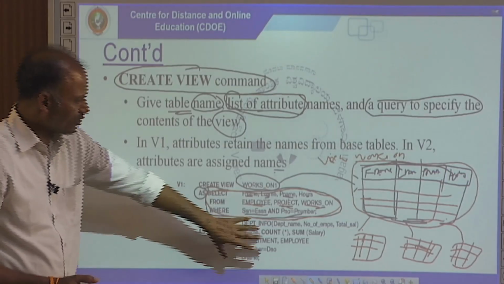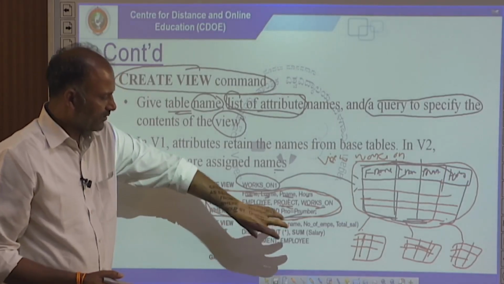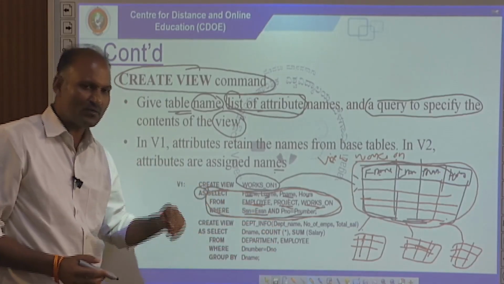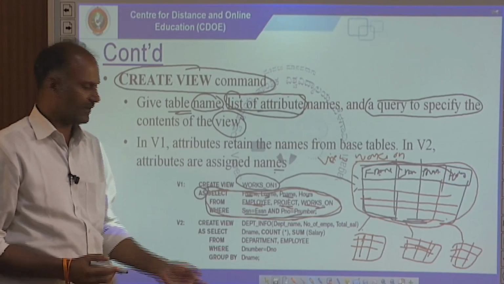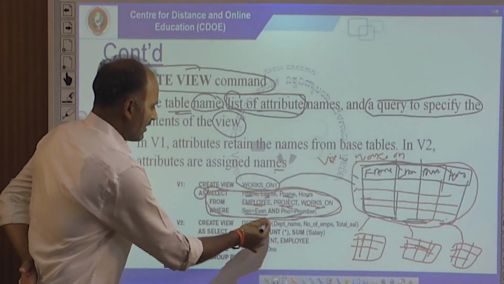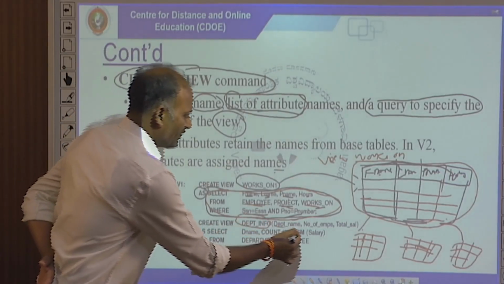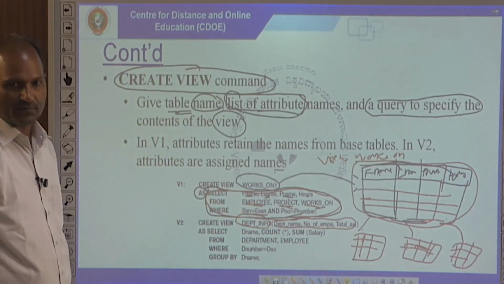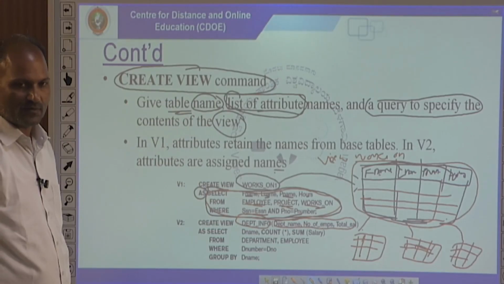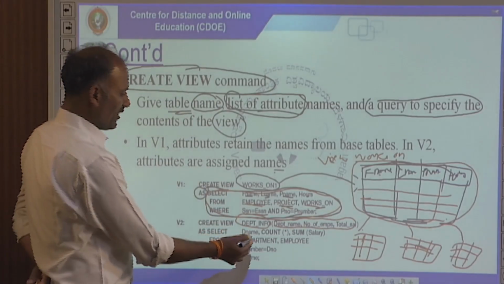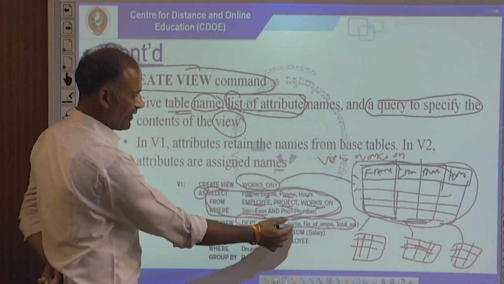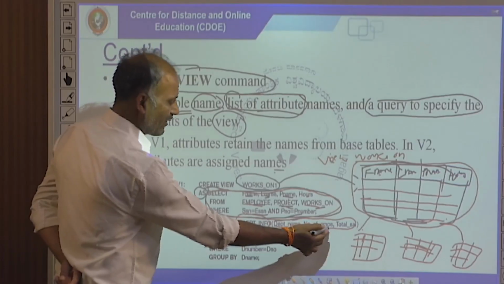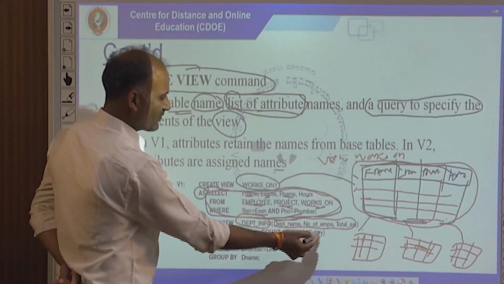So now I am not using the same field names as written in the query, but I will give different names. Select D name as department name, count of star as number of employees, and the sum of the salary as total salary.